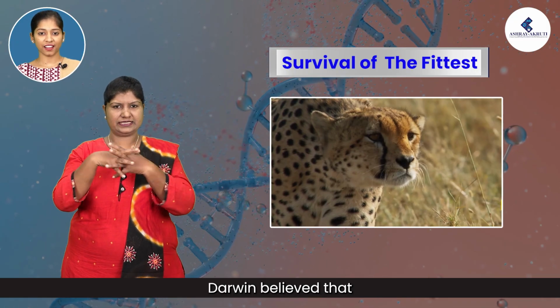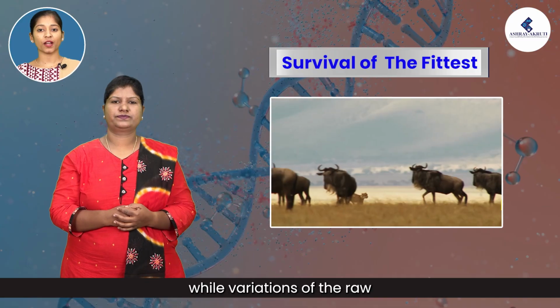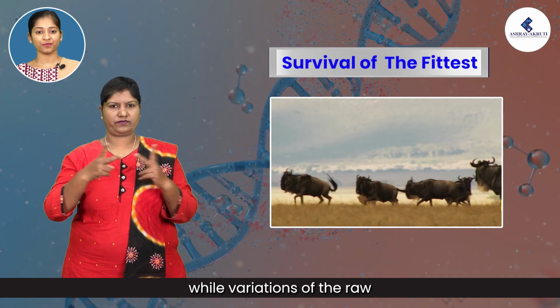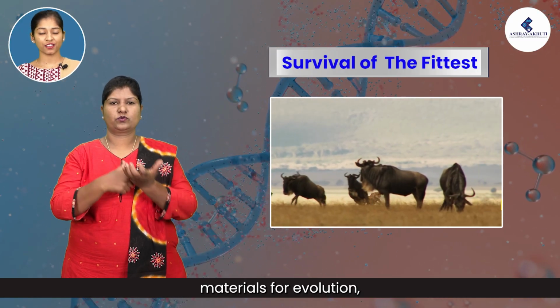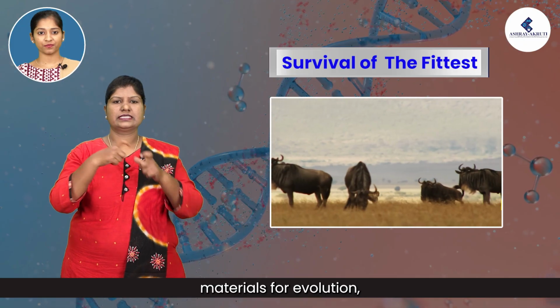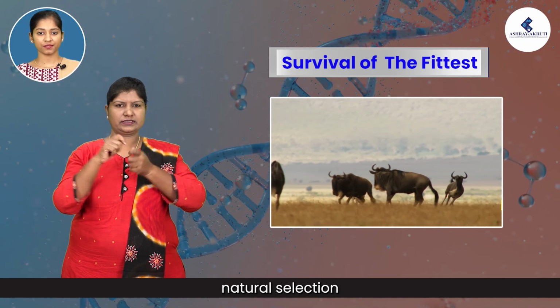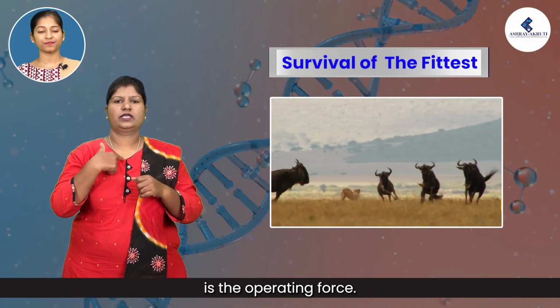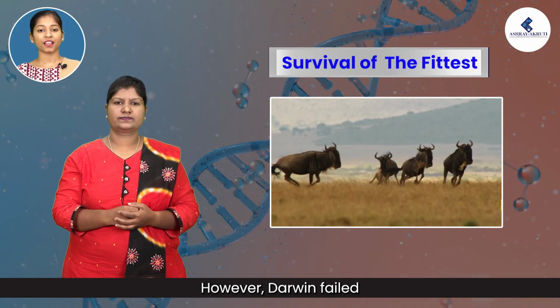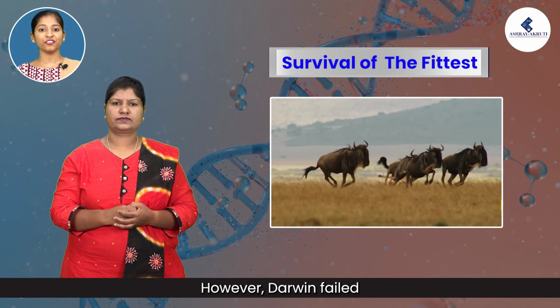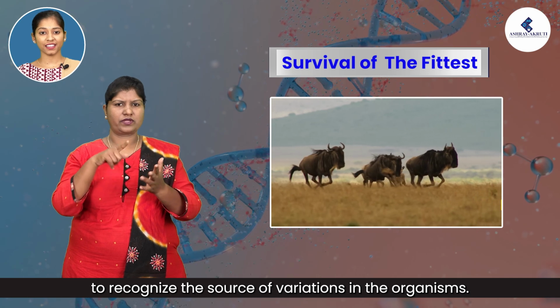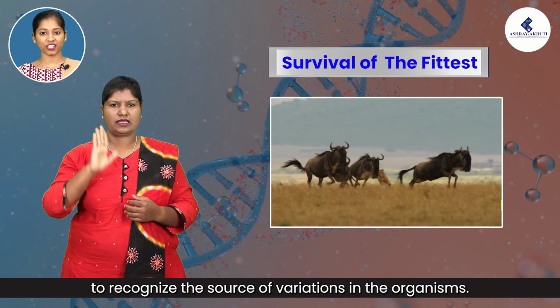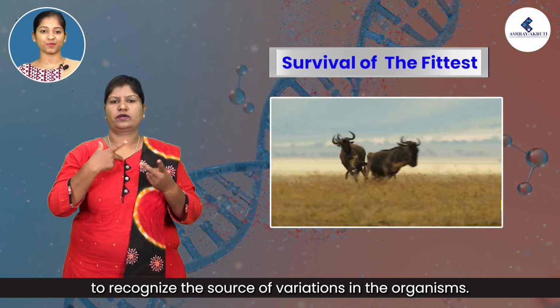Darwin believed that while variations are the raw materials for evolution, natural selection is the operating force. However, Darwin failed to recognize the source of variations in the organisms.